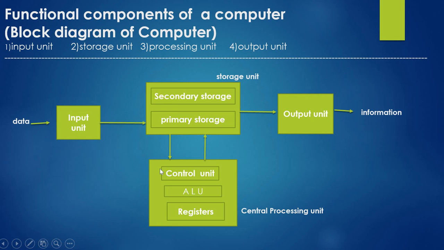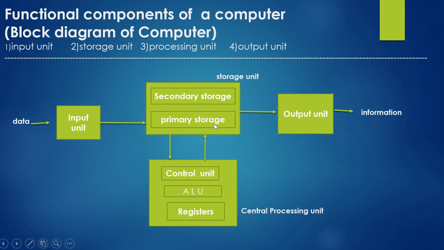Then the processing is done by the CPU. For processing, the central processing unit accepts the data from this storage unit and processes the data. Calculations, everything is done by the CPU, and the result is again stored in this storage unit.